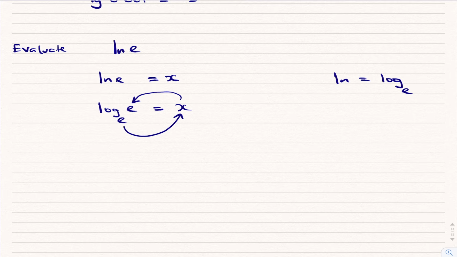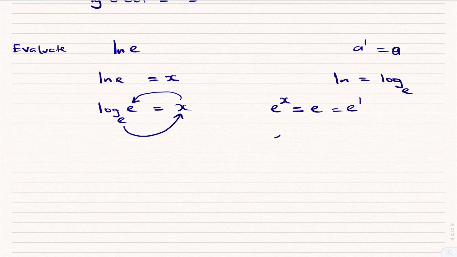So I get e to the power of x equals e, which equals e to the power of 1, because a to the power of 1 equals a. So if I just see a, that means a to the power of 1. If I see e, that means e to the power of 1.